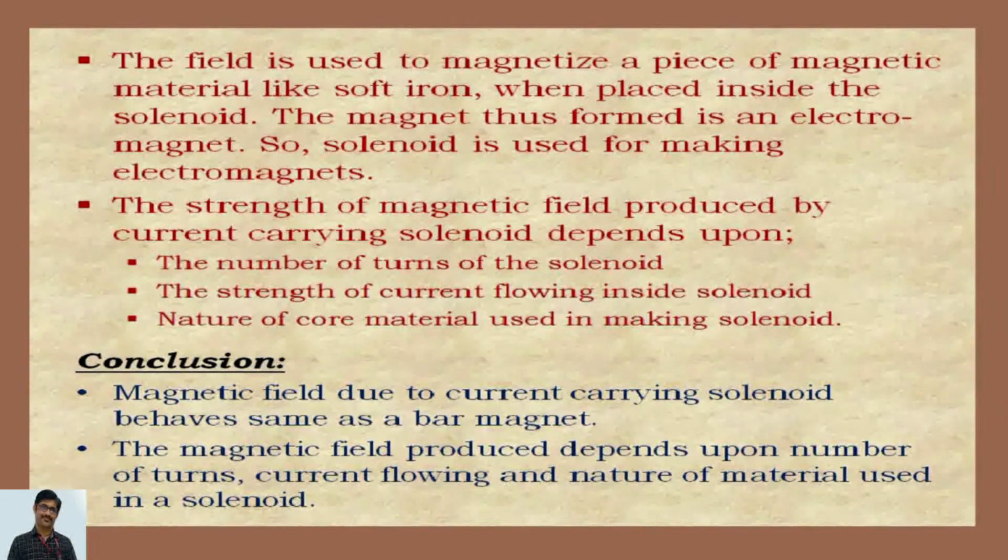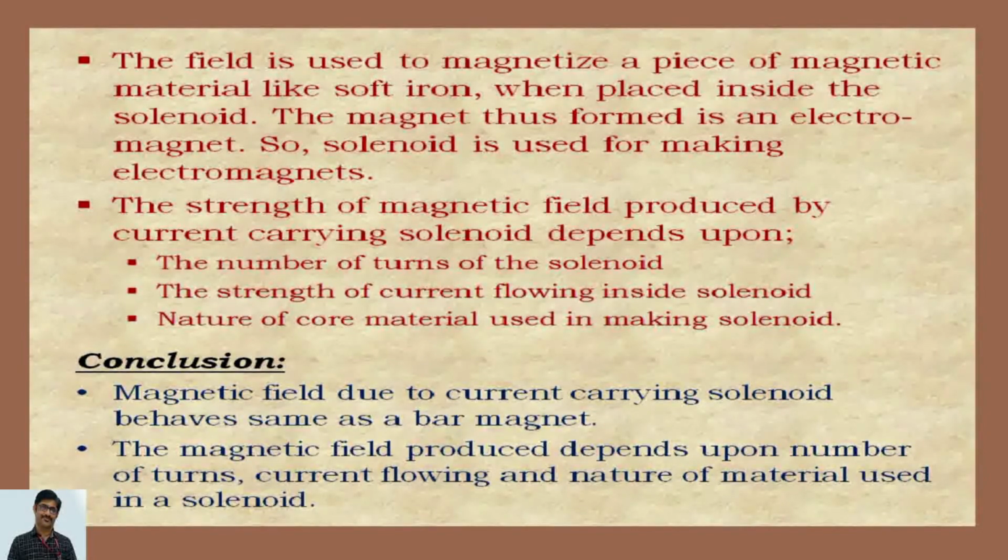And third, the nature of the core material used in making the solenoid. What kind of material is used in making the solenoid? So these are the three points on which the strength of the magnetic field of a solenoid depends.